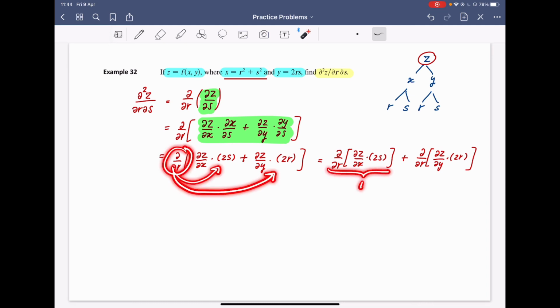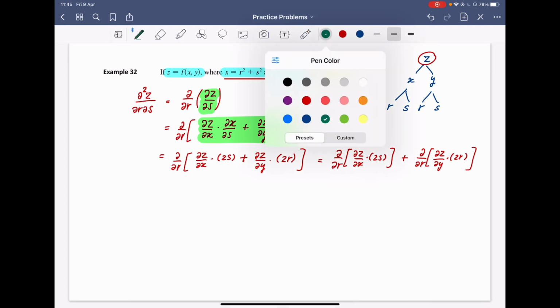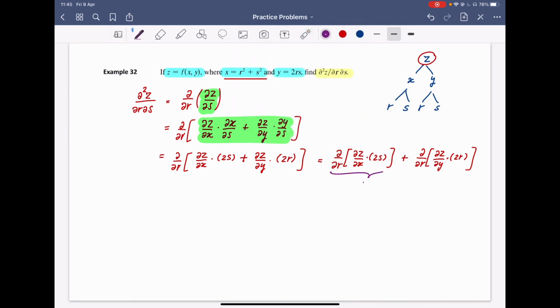I'm gonna call this thing number one, I'm gonna call this thing number two, and then we're gonna do the two terms separately, and then we're gonna add them up together as we did in lecture. So let's start from term number one here.